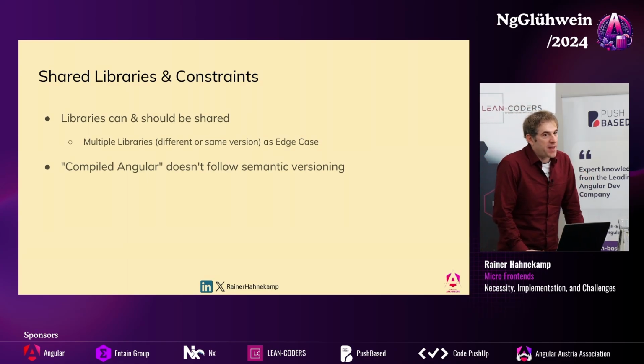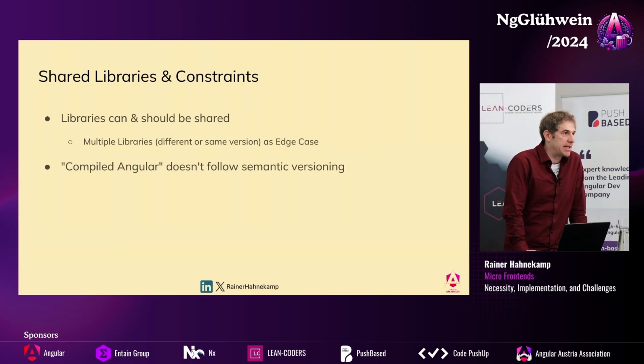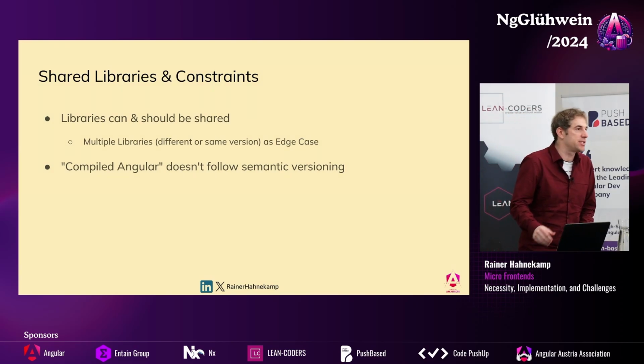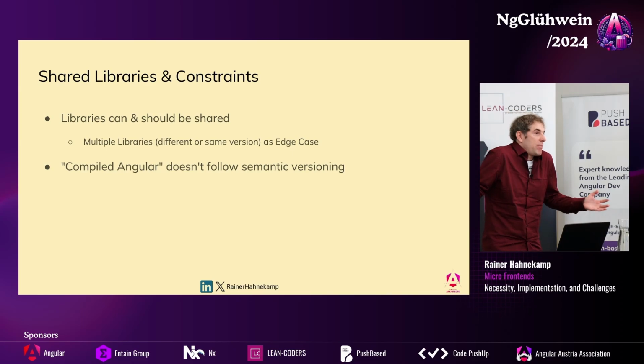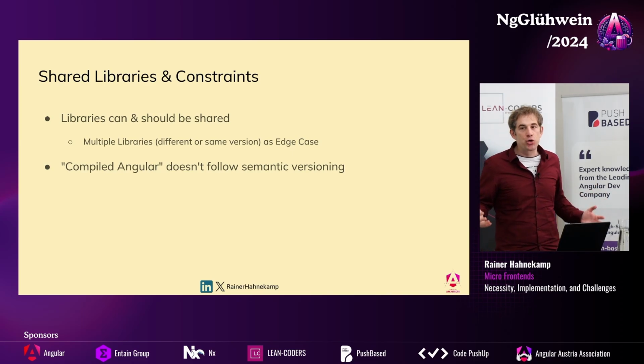Which could mean that even within a patch release, at a different patch level, there could be a breaking change somewhere, and then you have a real problem. So if you're using Angular 18.0.1 and 18.0.0 and mix both together, it might not happen, but it could happen that there are some incompatibilities.